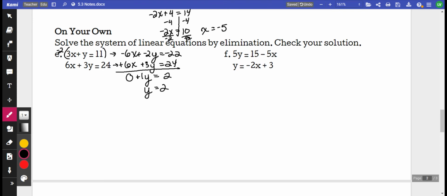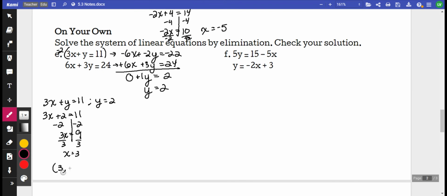I'm going to plug it into one of the original equations. 3x plus y equals 11. I'm sorry, y equals 2. So 3x plus 2 equals 11. I'm going to subtract 2 from both sides. 3x equals 9. Divide both sides by 3, and you get x equals 3. So the ordered pair should be 3, 2.